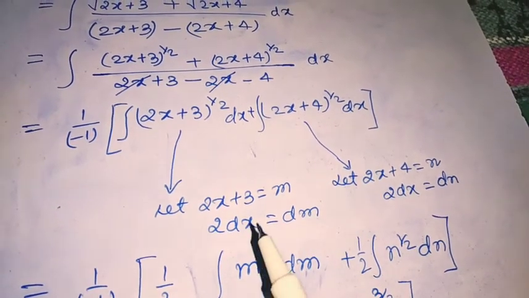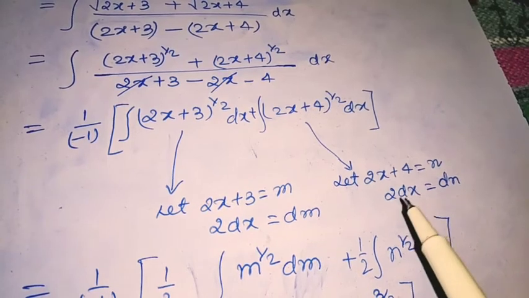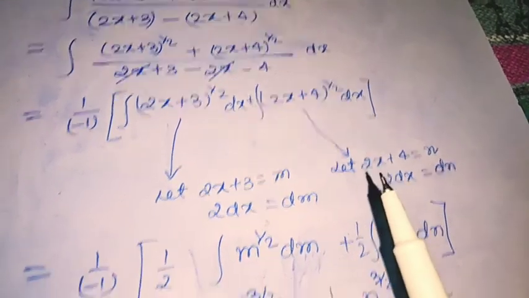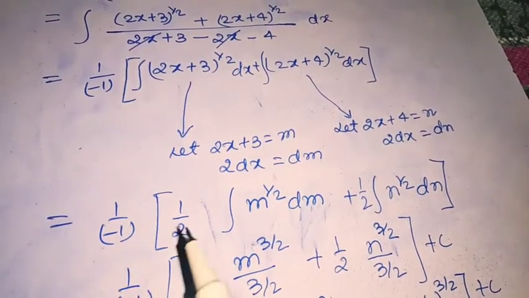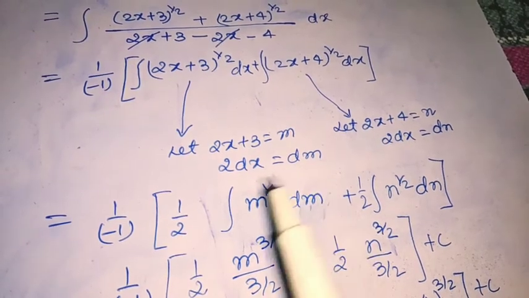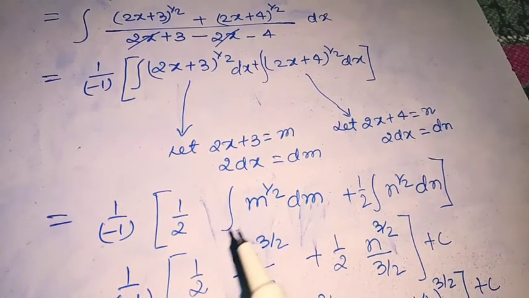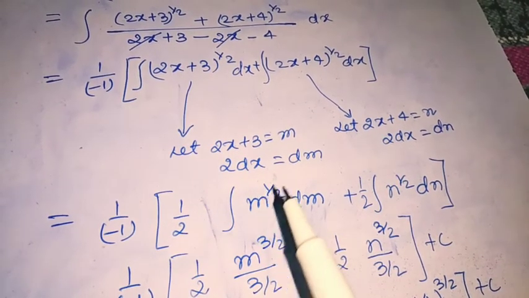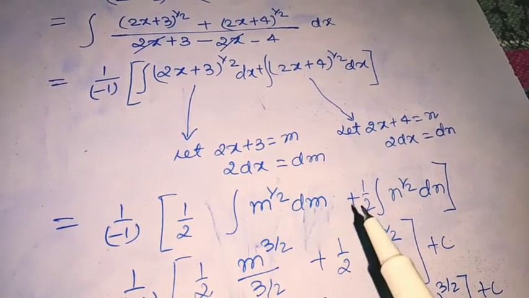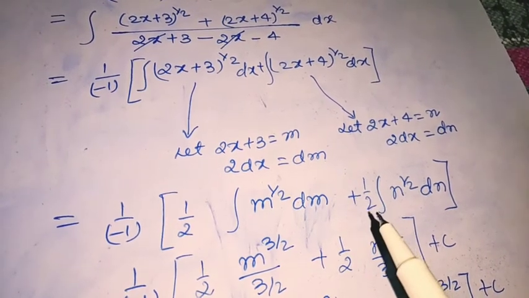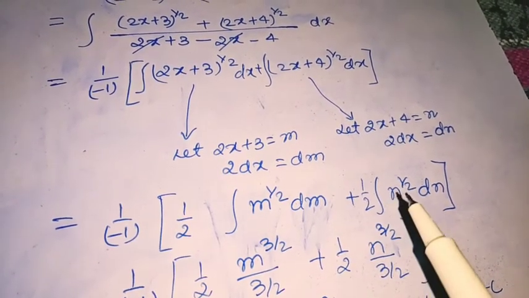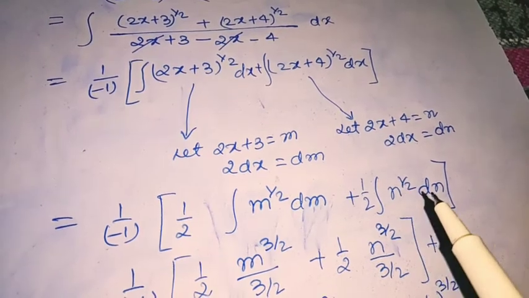So we can write dx is equal to dm upon 2 and dx is equal to dn upon 2. Here we have written 1 upon minus 1 into this dm upon 2, so we have taken 1 upon 2 common. It will be 1 upon 2 into integration of m raised to the power half into dm plus half into integration of n raised to the power half dn.